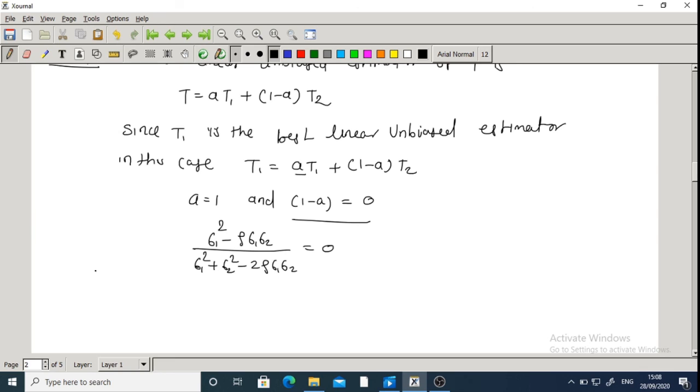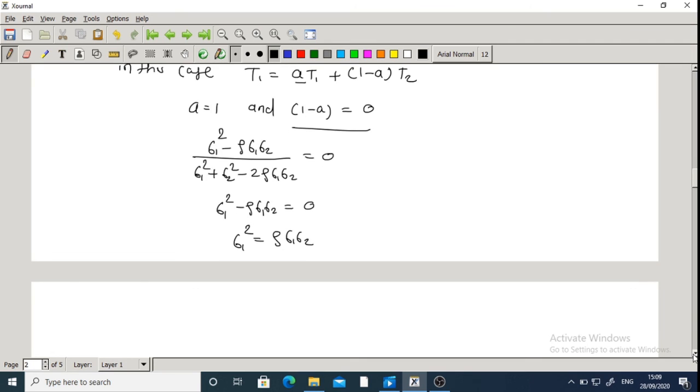Then if I take this term on this side, I will get sigma 1 square minus rho into sigma 1 sigma 2 is equal to 0. This implies sigma 1 square is equal to rho into sigma 1 sigma 2. And by simplifying this, we get sigma 1 is equal to rho into sigma 2.